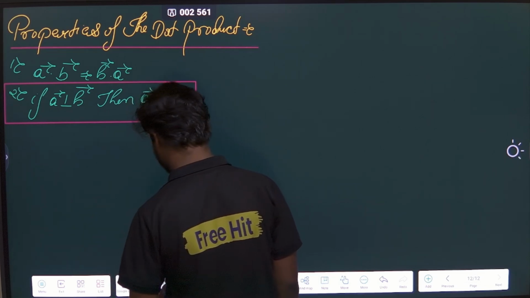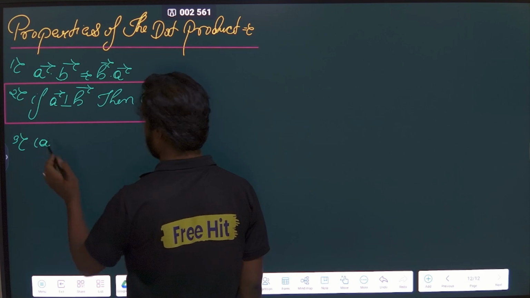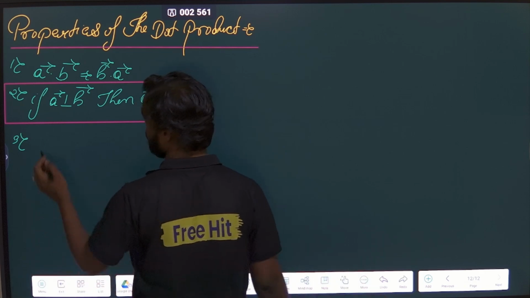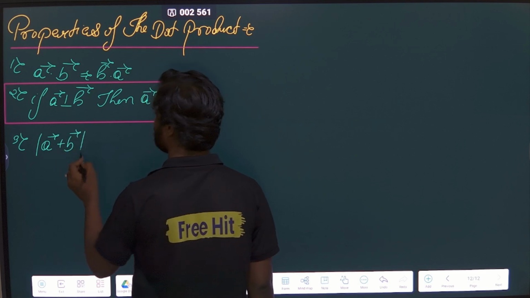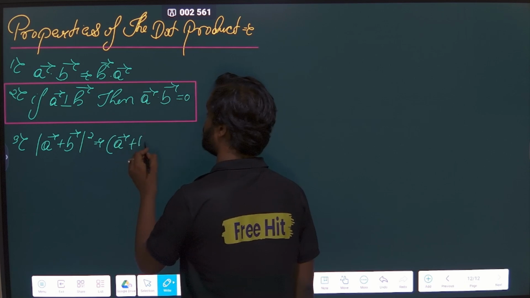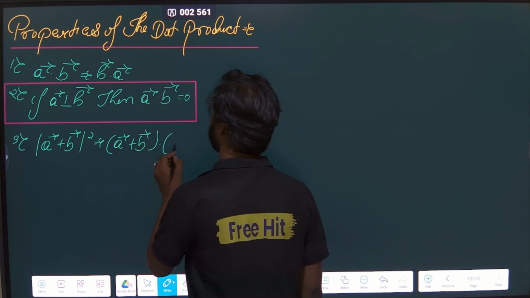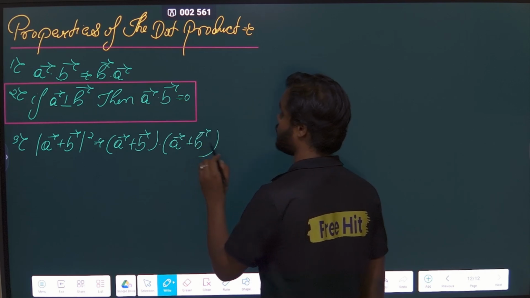Third property: mod of A vector plus B vector whole square is equal to (A vector plus B vector) dot (A vector plus B vector). I can write it like this.